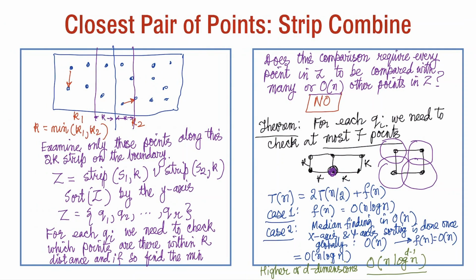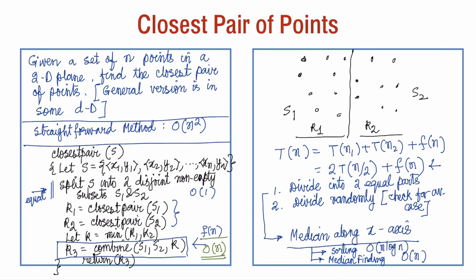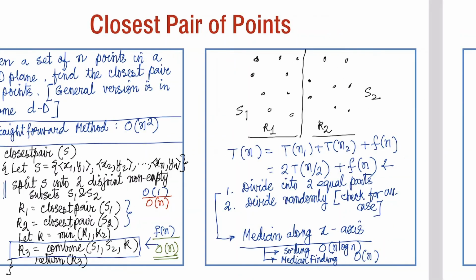Let us go back and see this algorithm. Here we had said we will split this into two non-disjoint sets. We could have done it in order n time, but now we will use the median. We have done the median finding to split it into two equal halves, and our combine is also order n. Earlier we had order 1 followed by order n log n, but now we are doing order n here.